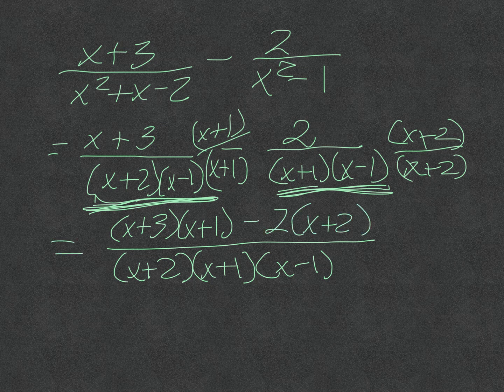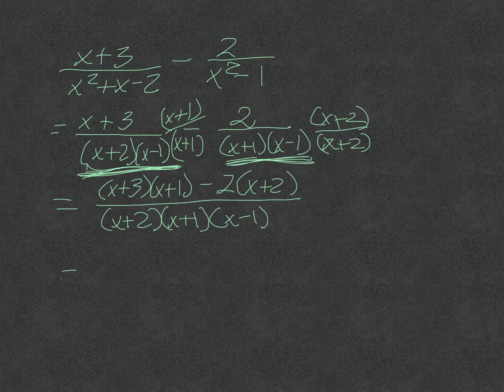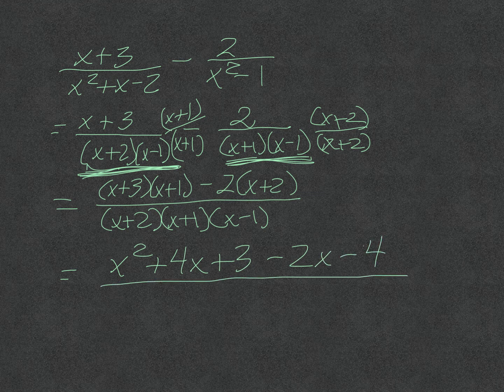So now that I have that, I can go ahead and multiply it. So this will be x squared plus 4x plus 3 minus 2x minus 4. Making sure I multiply through that negative over the common denominator, which doesn't change. And I never multiply the common denominators back. Okay?